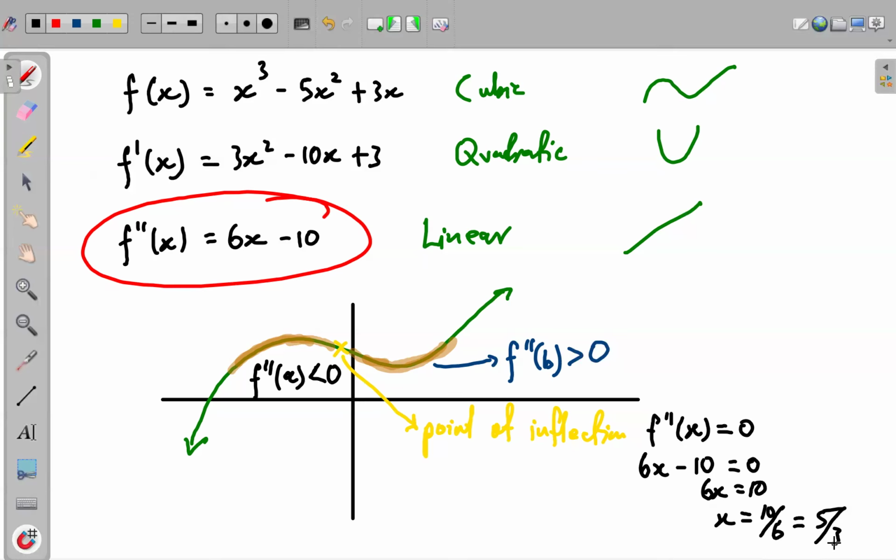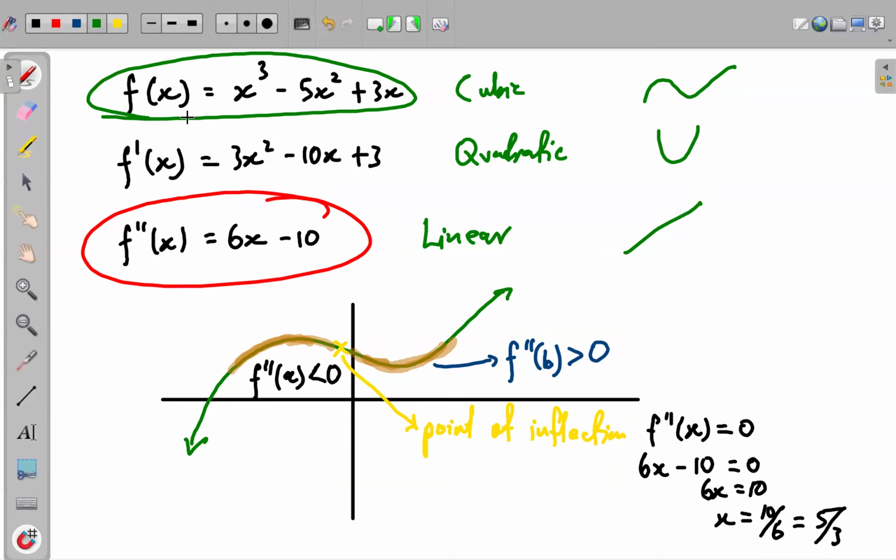So that will be the x coordinate of the point of inflection. If you want to know the y coordinate of the point of inflection, you're going to substitute back into the original expression, that is f of x. Okay. It is also important, though, don't get trapped in this, okay?